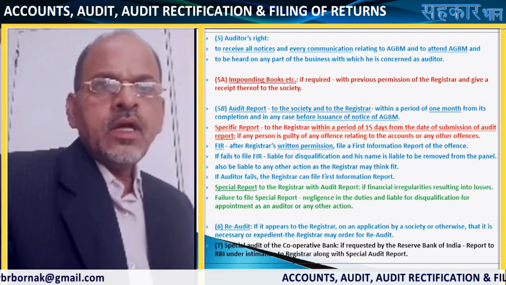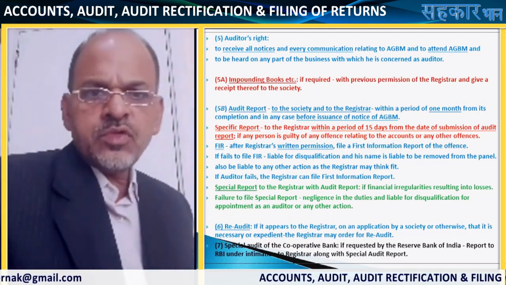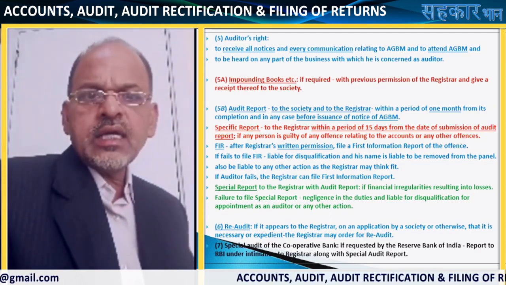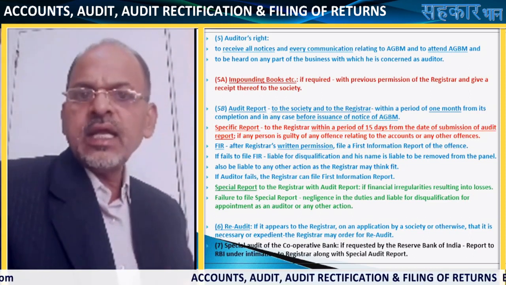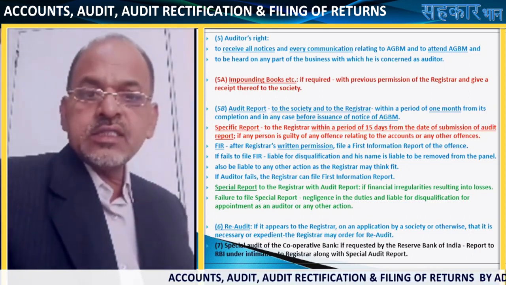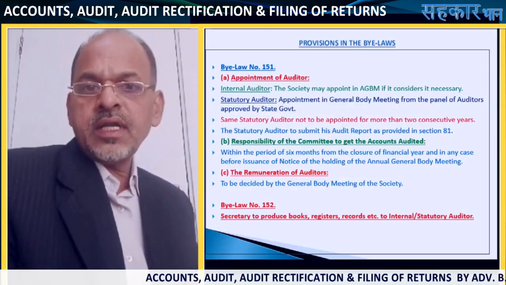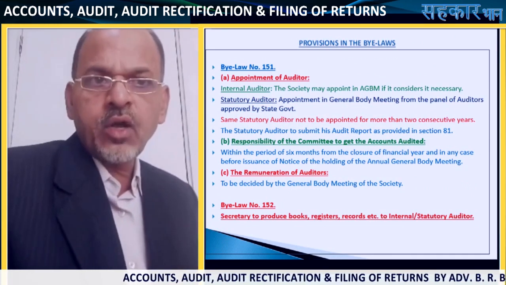Okay. Now these were the provisions regarding audit under the Act, under section 75 and under section 81. Now let us see the provisions pertaining to audit in the bylaws.